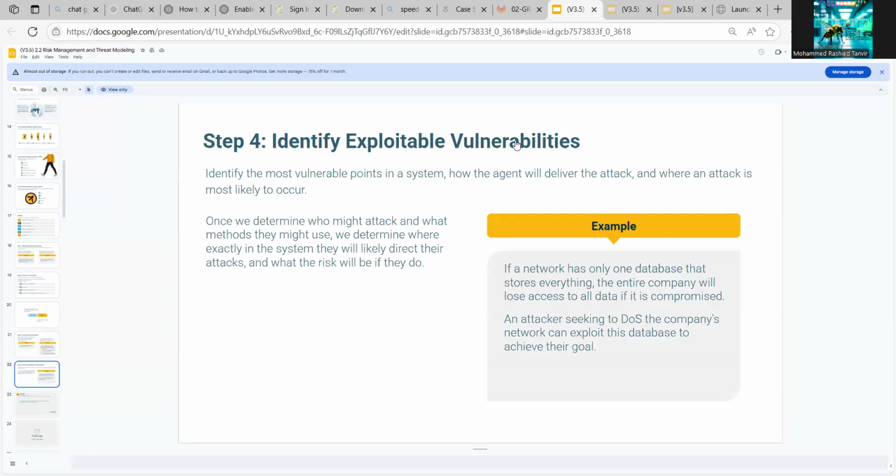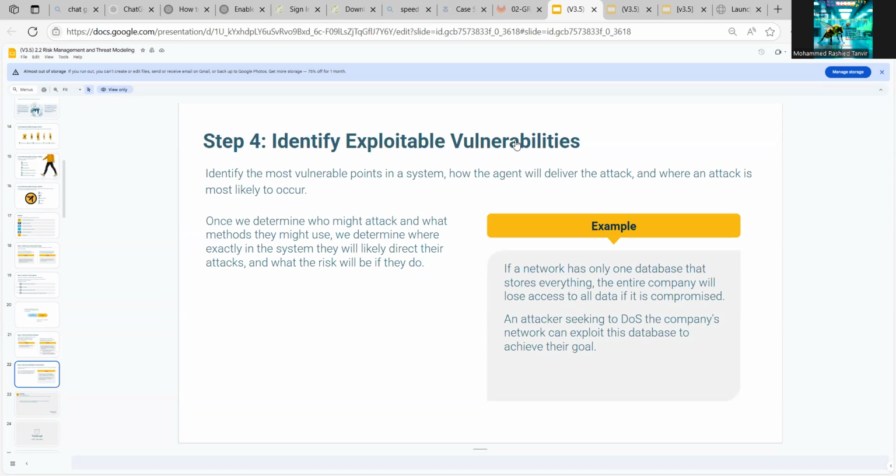So now we can summarize this OWASP model. First is determine assessment scope. Second is identify threat agent. Third is identify potential attack. Fourth is identify exploitable vulnerability. Again, I will repeat how to use the OWASP model for planning. First, determine assessment scope, number one.